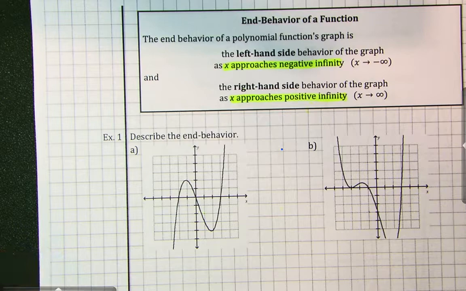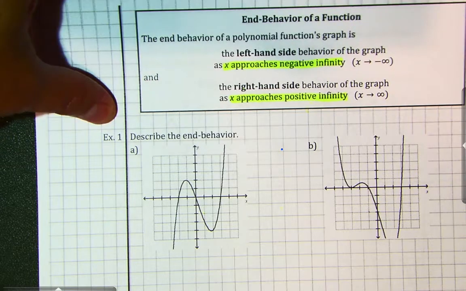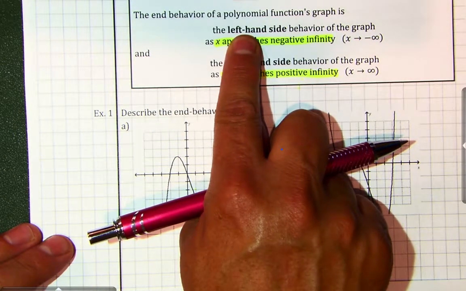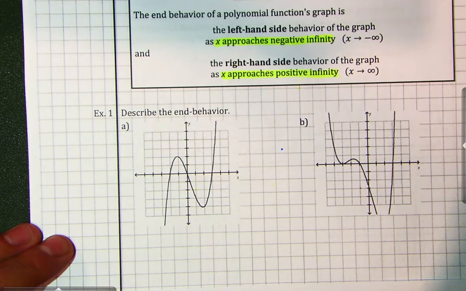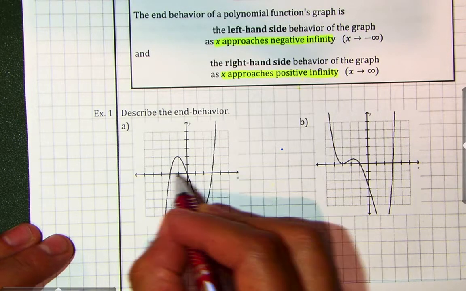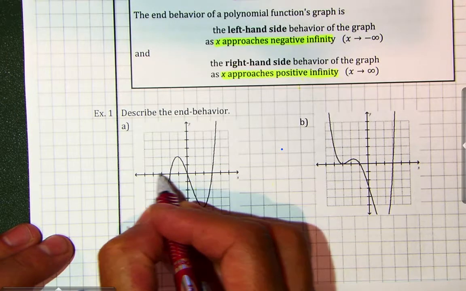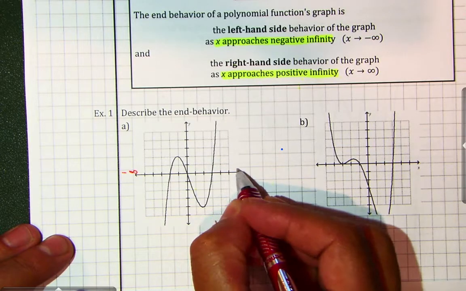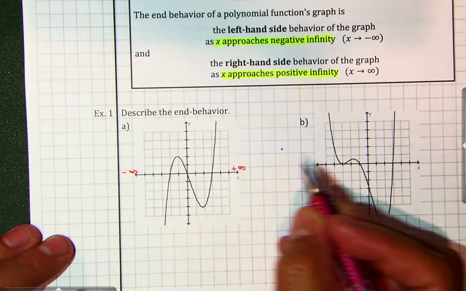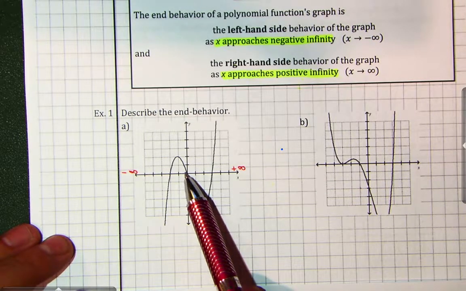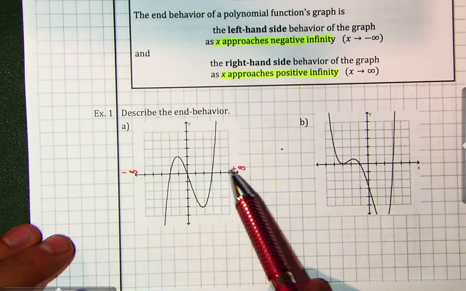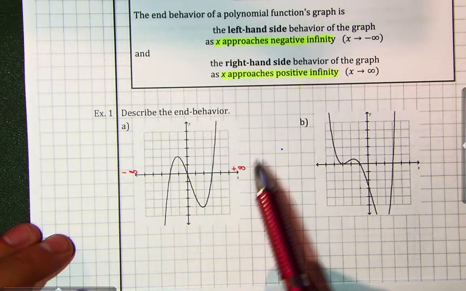So let's describe the end behavior of this first graph. We are going to have to do the left-hand side behavior and the right-hand side. This is your x-axis. We know that there are negative values to the left, and that negative infinity is on the left. If you continue towards the right, positive infinity will be on the right. We want to know what happens as x approaches negative infinity and what happens as x approaches positive infinity. Let's work on positive infinity first.